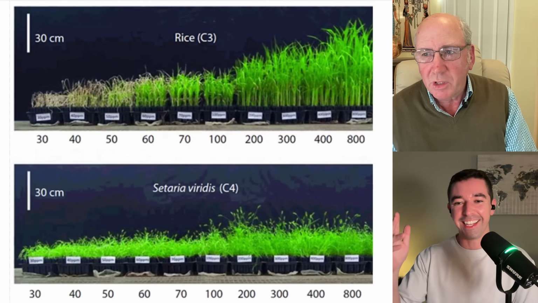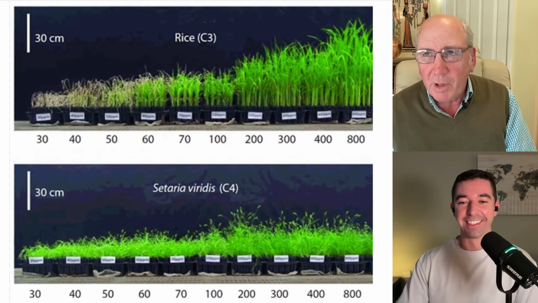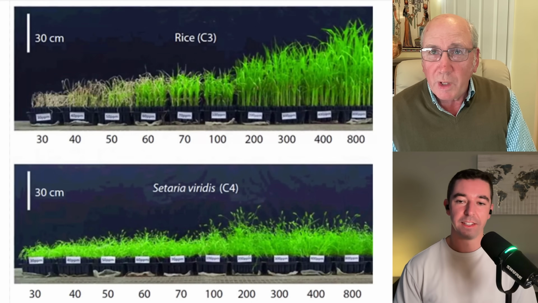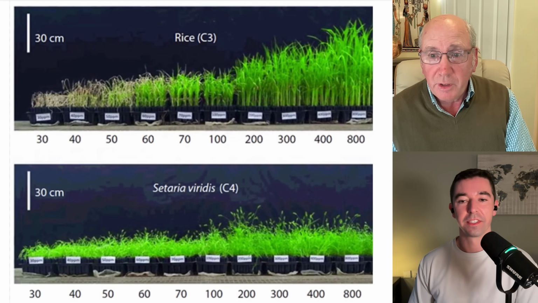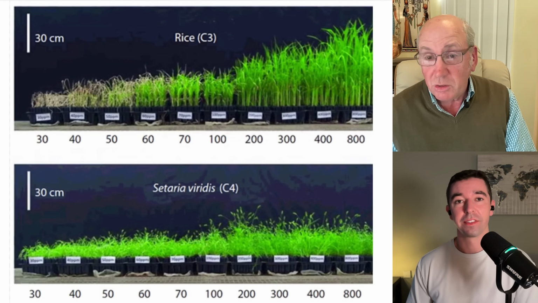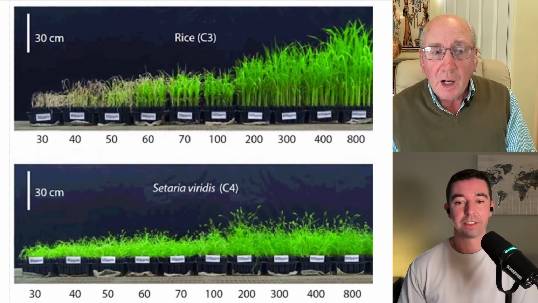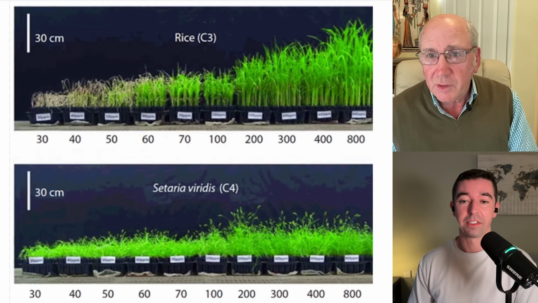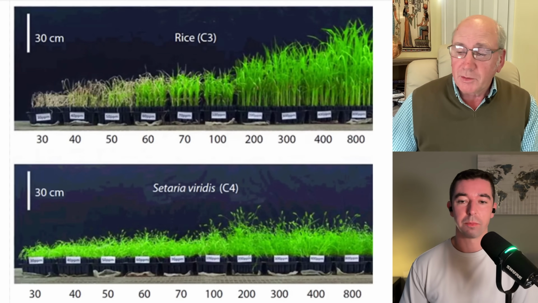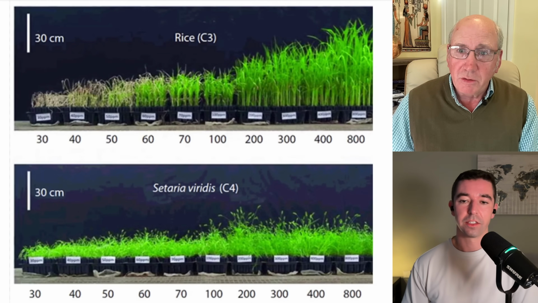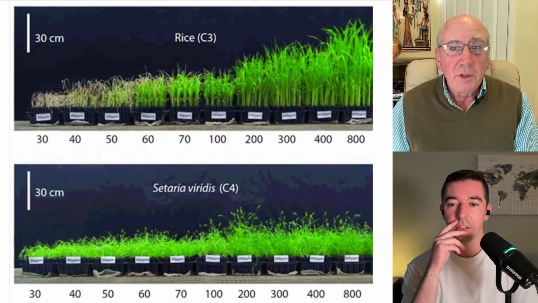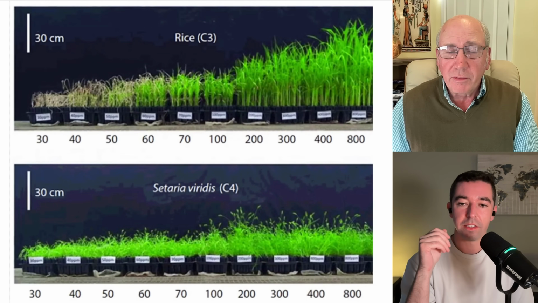I mean, it was just absurd. By the year 2100, they were going up to 1,200 parts per million CO2. We're currently at 400. And it's almost impossible to get to that amount of CO2. There isn't enough fossil fuels in the Earth.